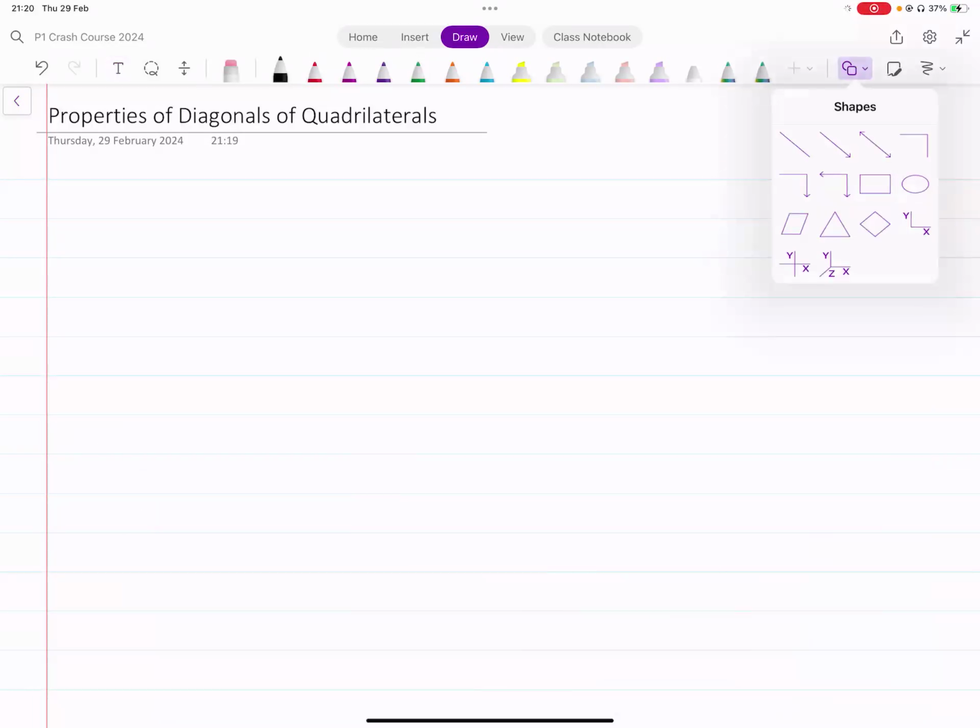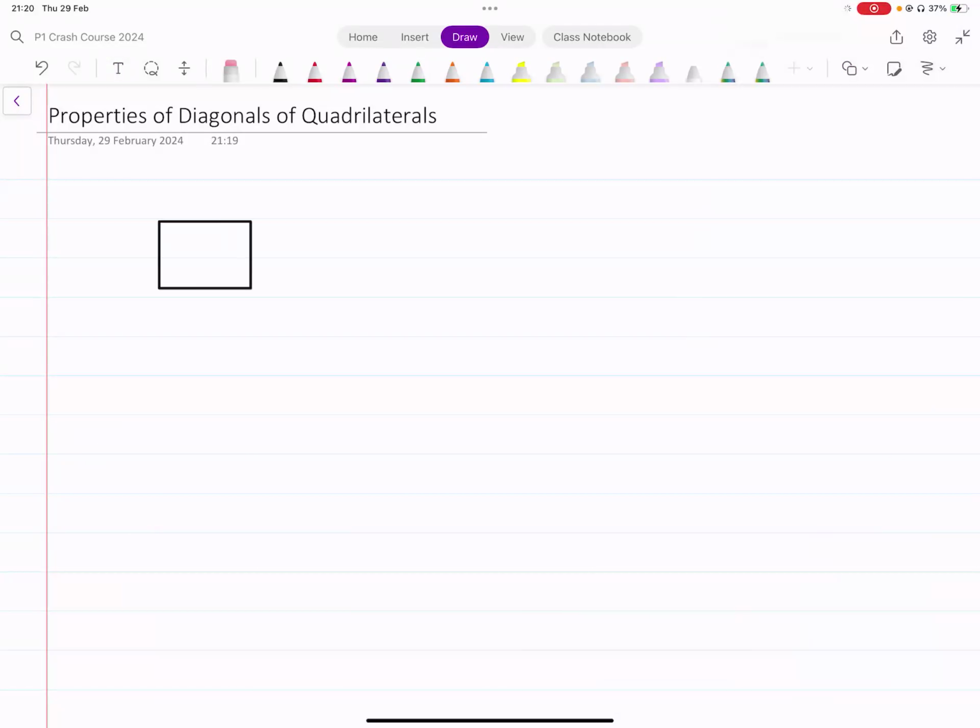Let's start with a square first of all. For all of these quadrilaterals that I'm going to draw here, we need to know three things. We want to basically ask this question: are the diagonals equal? So we're talking about diagonals, right? Are the diagonals equal?